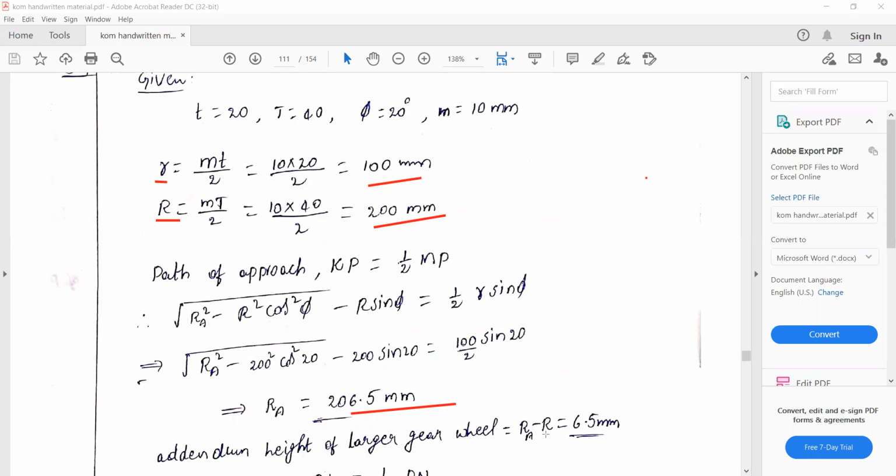Substituting, 6.5 mm is the addendum of the gear wheel.